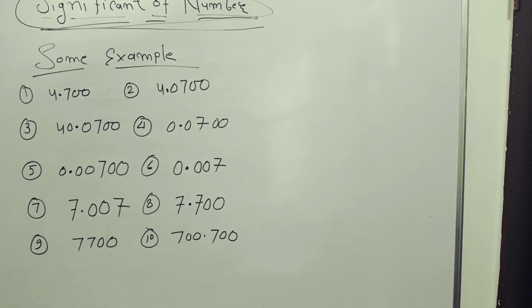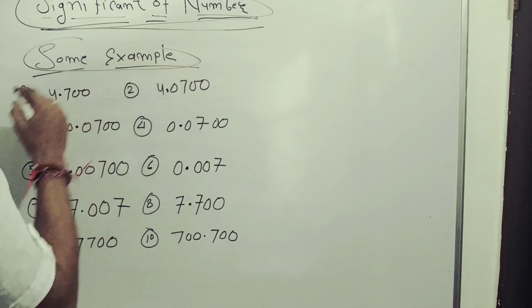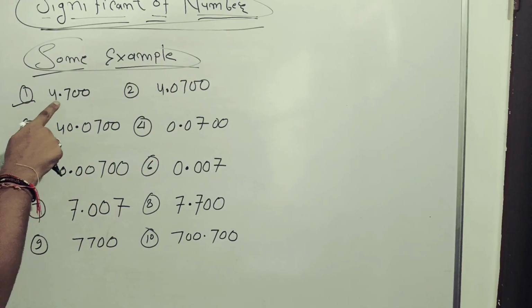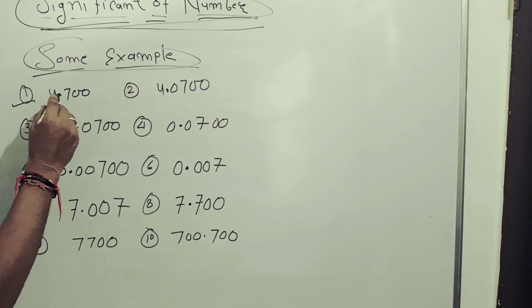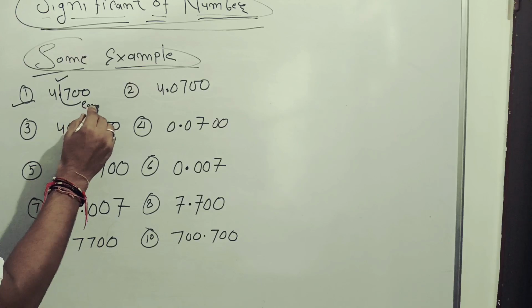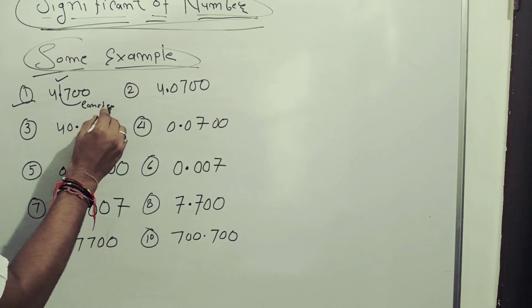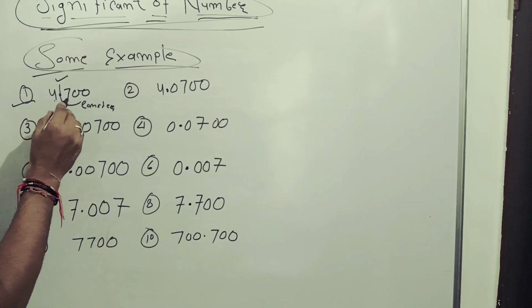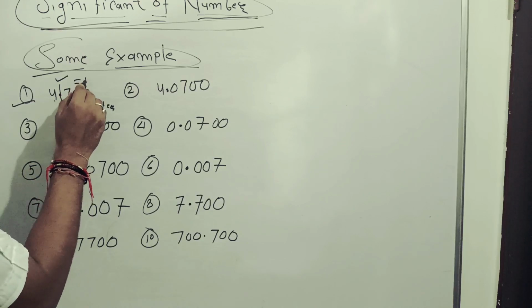And now some examples of significant figures. Number 1 is 4.700. After the point the trailing zeros are considered. The significant figures are 4.